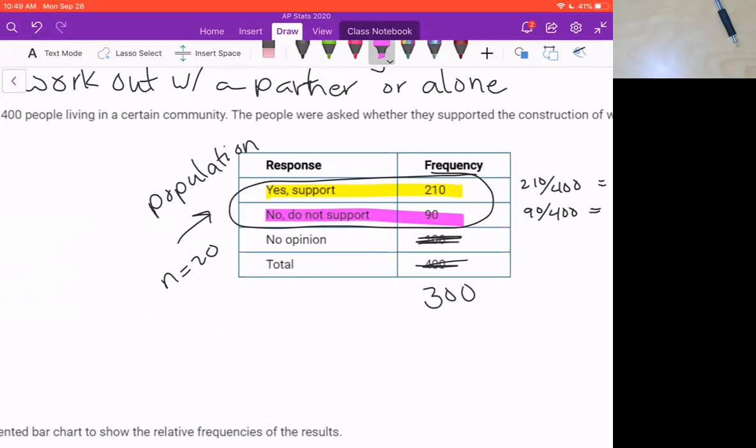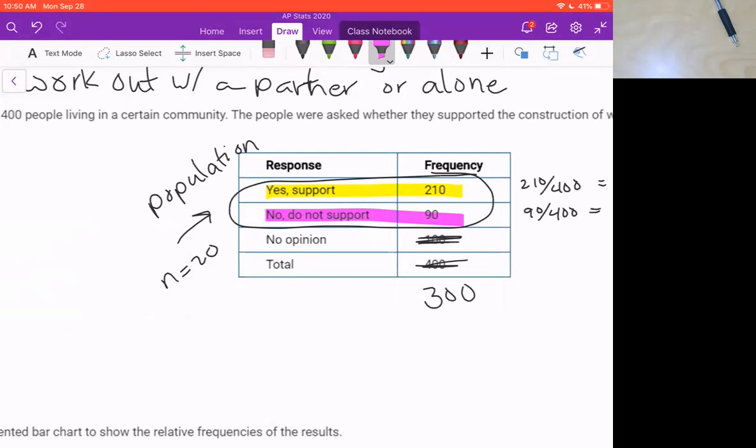Now, if we really want this to accurately represent our population, do you think we should take 10 and 10? No, that would way over-represent the ones that do not support. Look at how much lower our population is of the ones that do not support. So even though technically it's still a stratified sample, if you do that, it would be a kind of biased one.